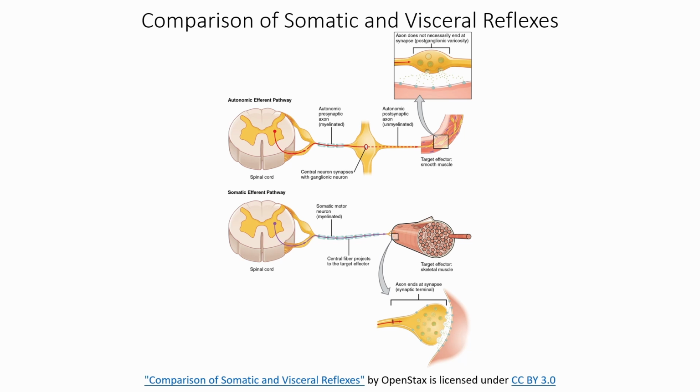So this is what we're looking at: the autonomic versus somatic efferent pathway. In the autonomic, here's our first one, the autonomic presynaptic axon, the preganglionic neuron. Here's our ganglion, and then here's our postganglionic axon. So two players, versus somatic, it's just one all the way through, one and done.